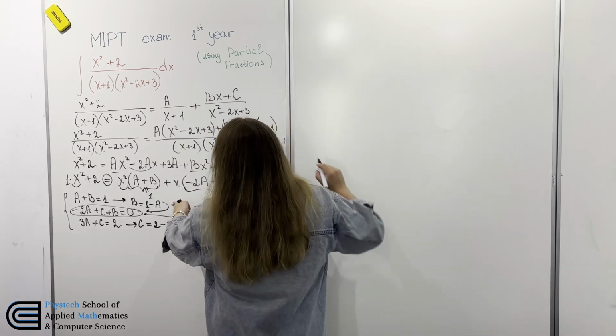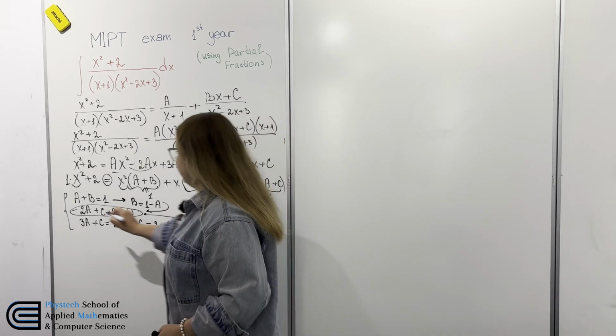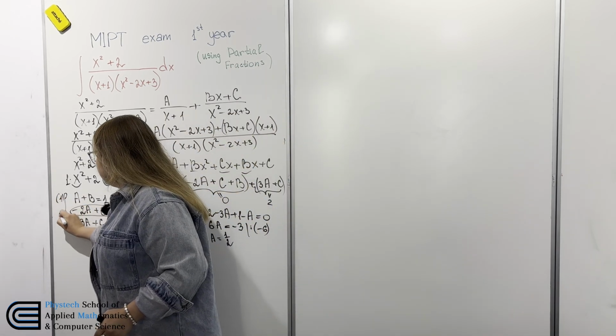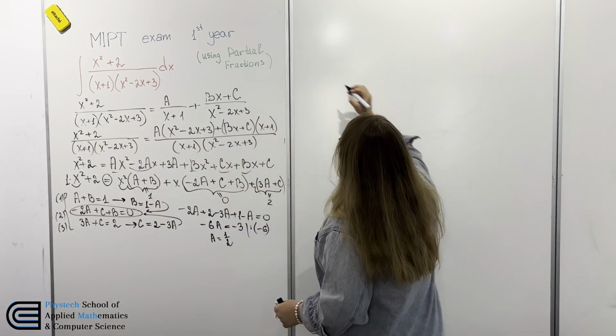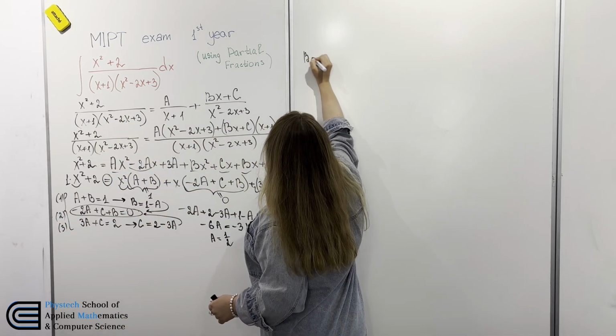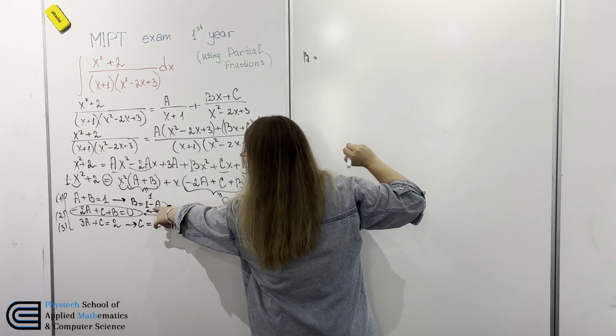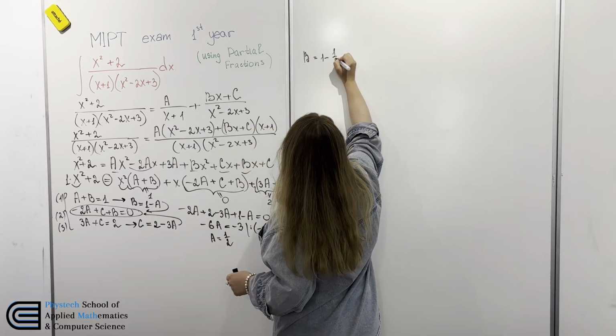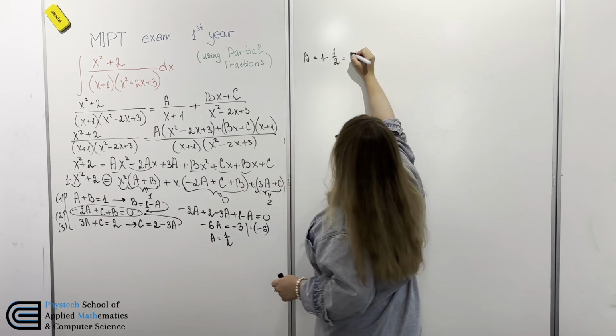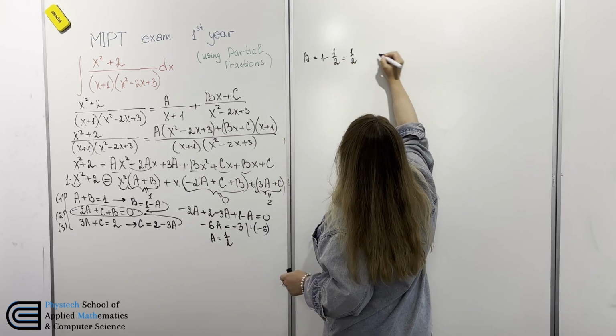Then, from the first line we can obtain our B. B will be equal to 1 minus A, where A is 1 divided by 2, and it gives us 1 divided by 2.